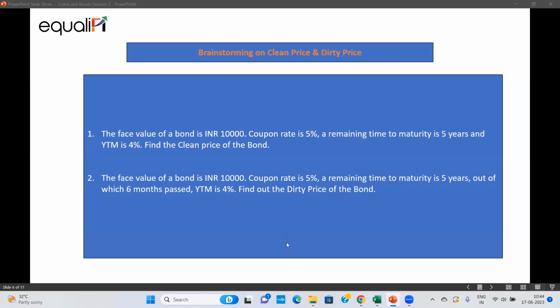Yeah, correct. So 250 rupees, 250 rupees for 6 months interest, accrued interest. So the dirty price is 10,695. Correct.